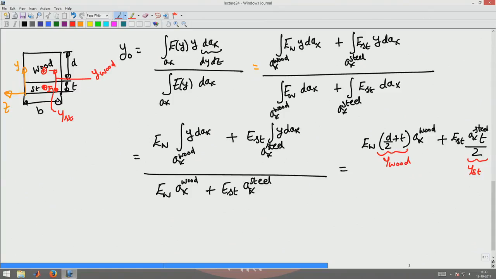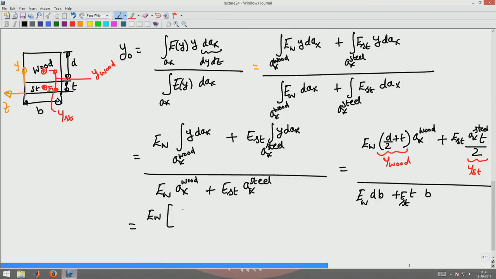And then I divide by the area, which will be d times b plus t times b. Now, I do a simplification, I pull out E wood outside.